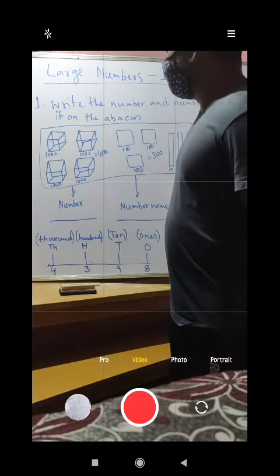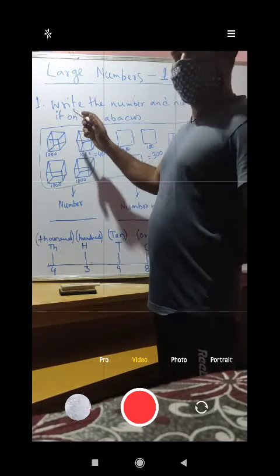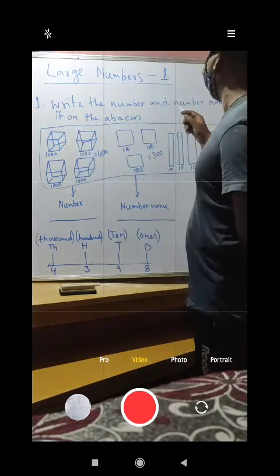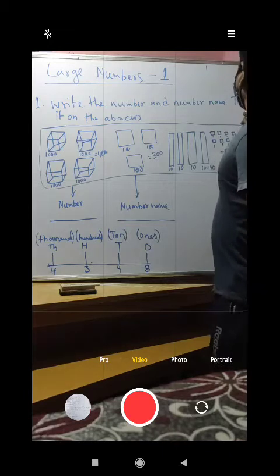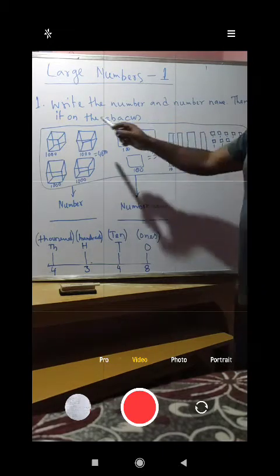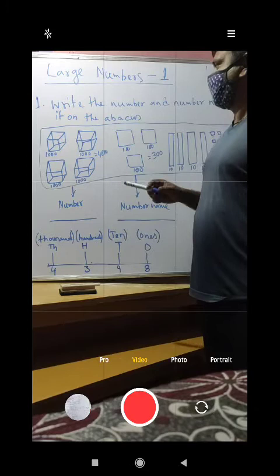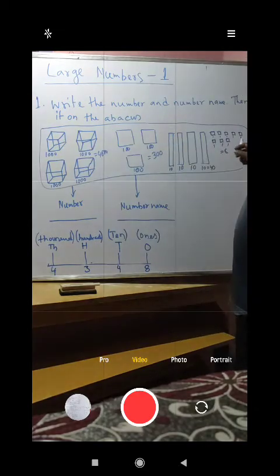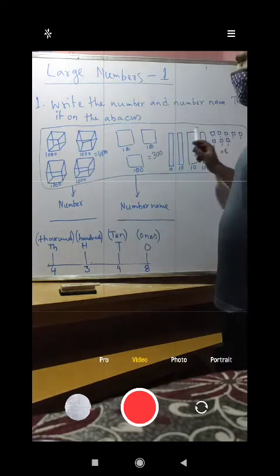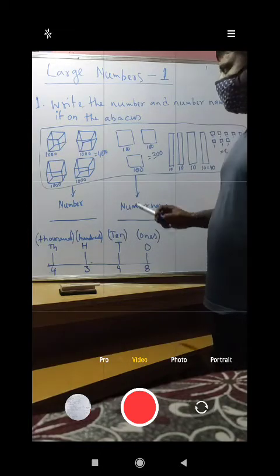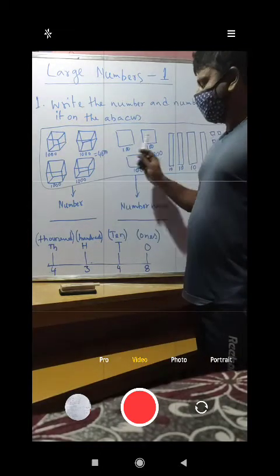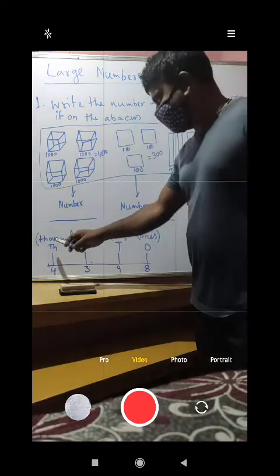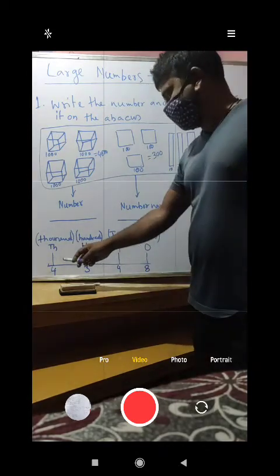Okay. So first, it is already given in number one: write the number and number name, then show it on the abacus. These are all the figures that we are going to do the calculations with, and after that this is the abacus form where we will have to write.